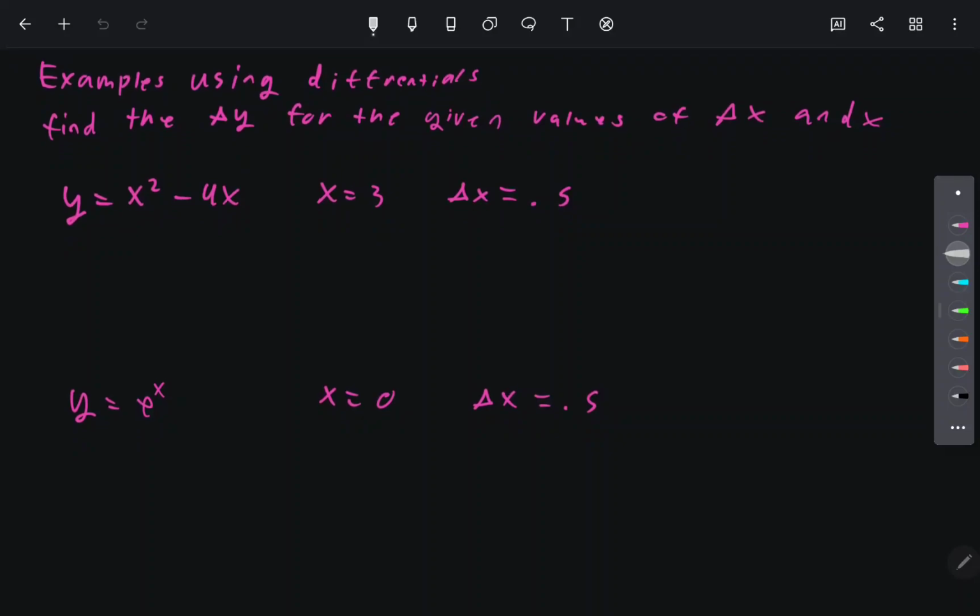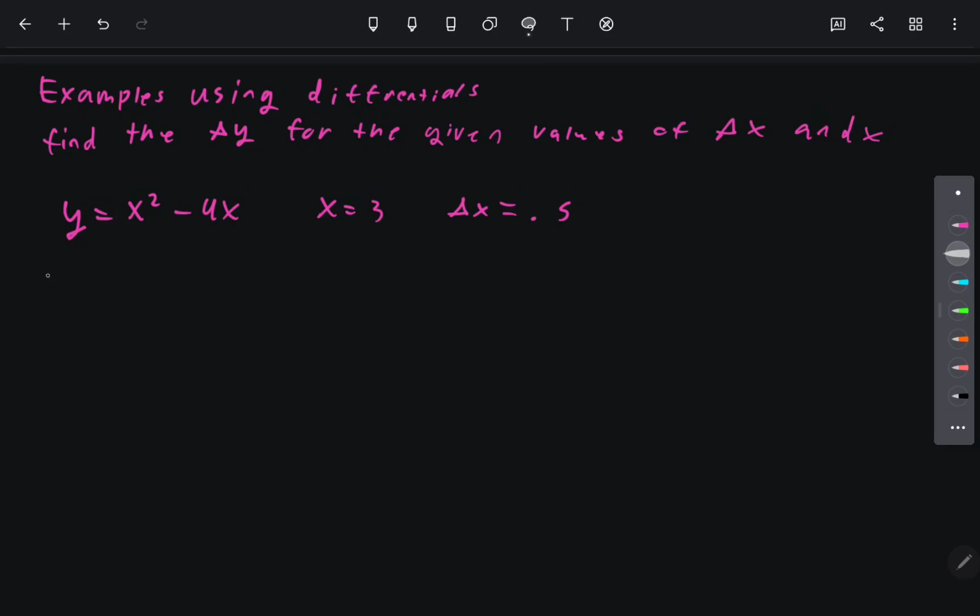Alright. For the purposes of time, we're only going to be doing this first equation, so we want to find the change in y for the given values of x and dx. You won't have to find the error for this one. So we take the derivative, and we get dy/dx is equal to 2x minus 4. Now we multiply the dx over to the other side, so dy is equal to 2x minus 4 times dx.